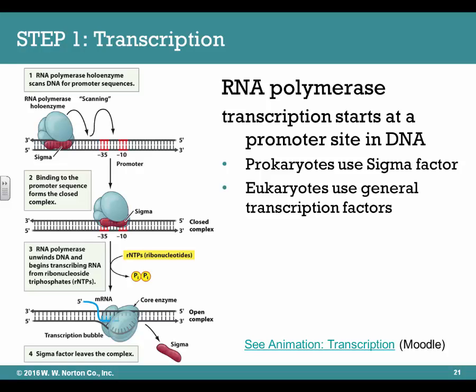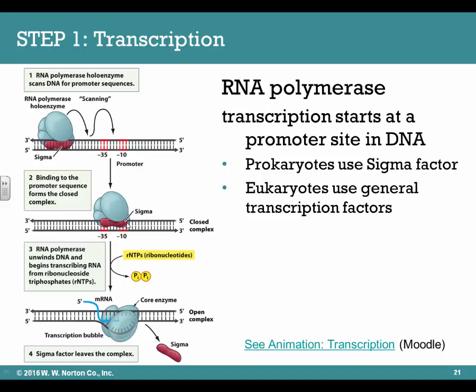And it's helped to find that stable binding site by a transcription factor called sigma factor. Here in this cartoon it's colored red, whereas the RNA polymerase is this pale blue.